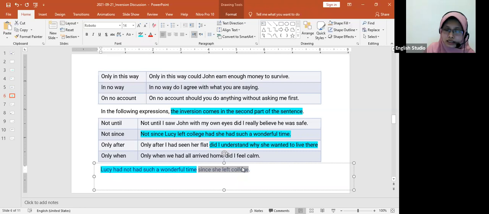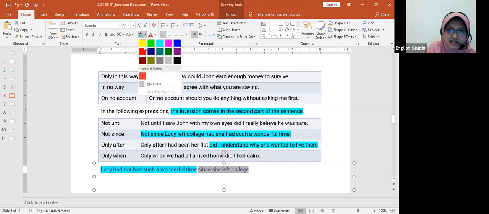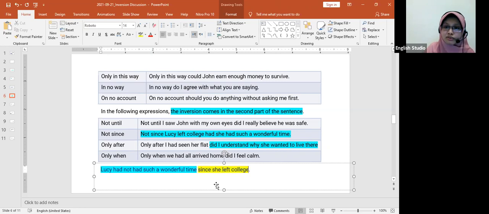Coba deh dicek. Biasanya setelah since itu past tense, ya. Tapi ingat, ini untuk yang present perfect, ya, bukan since yang because gitu. Kalau because, of course, the pattern or the type of tenses will depend on the context of your ideas, ya. But when it comes to present perfect, since di sini bukan artinya karena, tapi sejak, ya. Ini sejaknya itu diikuti oleh kalimat dalam bentuk past tense, ya.